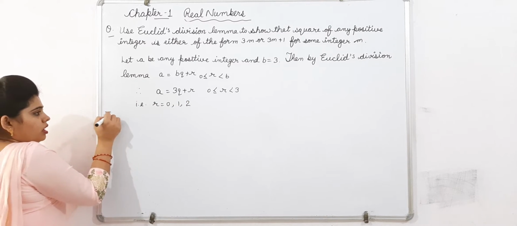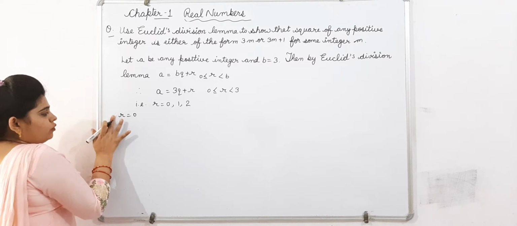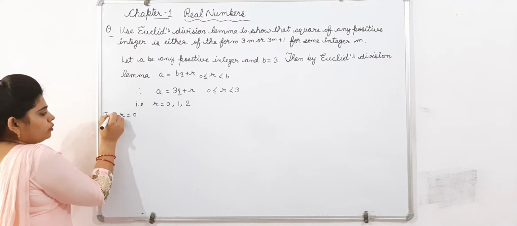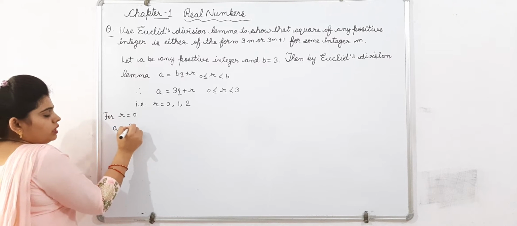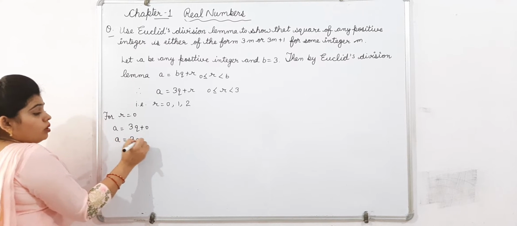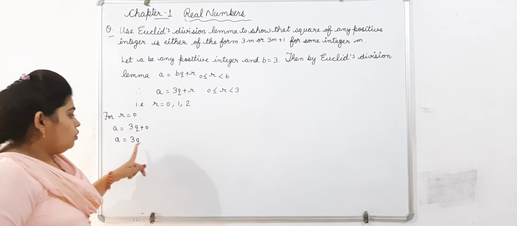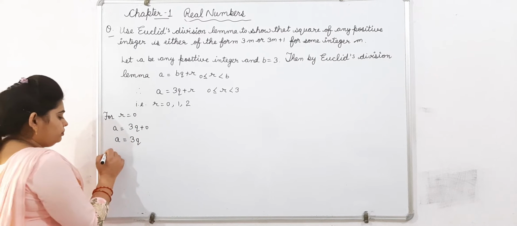If r is equal to 0, a is equal to 3q plus 0, means a is equal to 3q. But what we have to do? Square of any positive integer. So we will do square in this question.